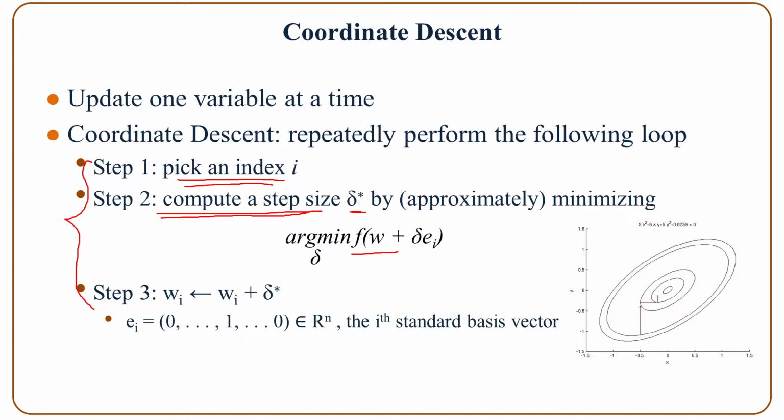So basically what we do here, we select the coordinate and try to see what would be the minimum value of f if we change regarding that specific coordinate, and then use that delta to update that specific weight or variable.